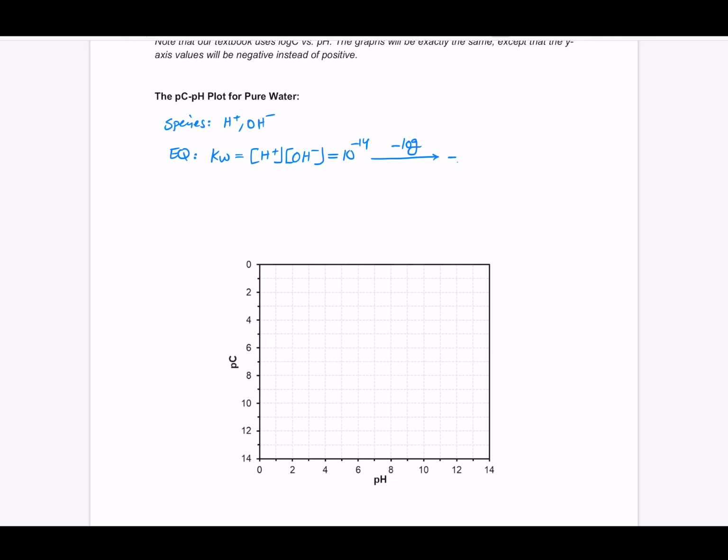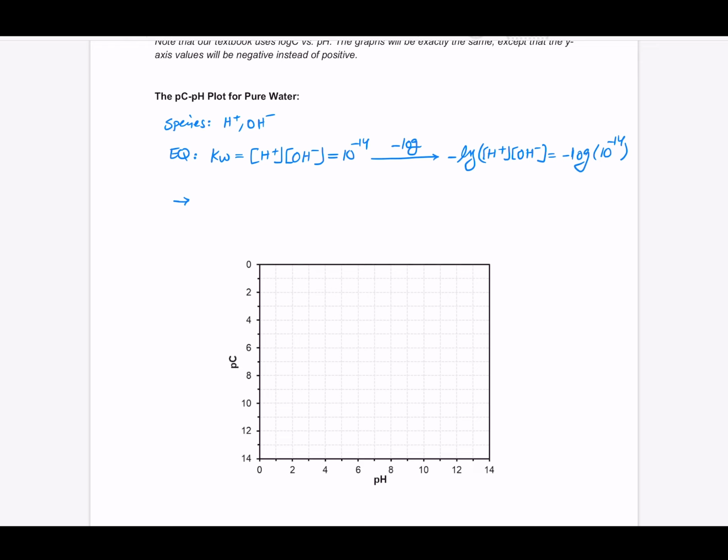So we get minus log of H plus times OH minus is equal to minus log of 10 to the minus 14. Let's expand this log using mathematical rules.